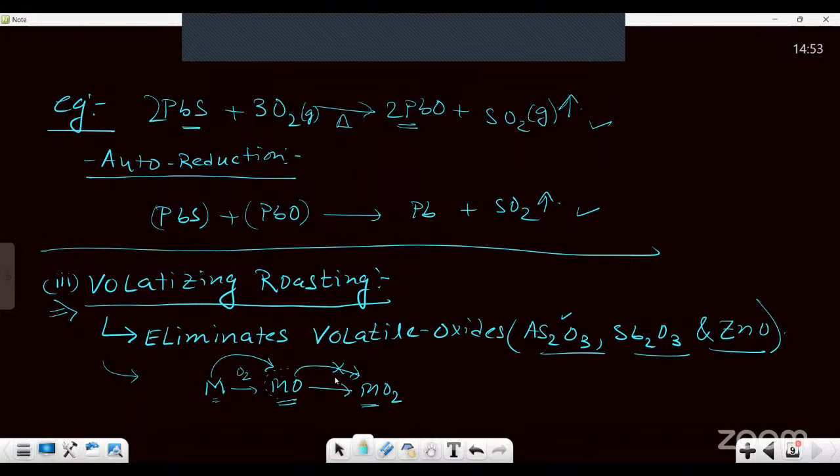That should be prevented. Now, if you are just giving uncontrolled oxygen, then M will eventually get converted to MO, and MO will also take up more oxygen and get converted to MO2. Now, this MO2 is not a volatile oxide. Volatile oxide is MO. Okay. So that is the idea of the volatilizing roast.